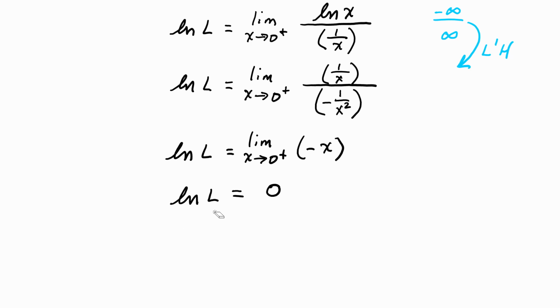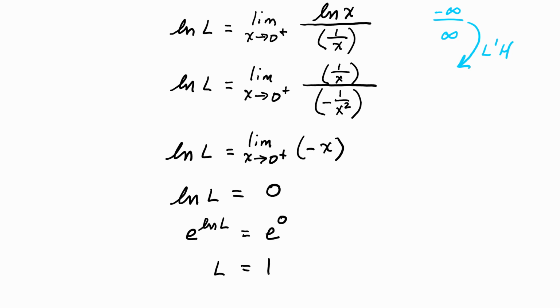Now this is the natural log of L, so if we want to get to the variable L, we need to take e and raise it up to the power of the left-hand side, and take e and raise it up to the power of the right-hand side. So we get e to the natural log L equals e to the 0. Simplifying, we get that L is equal to 1.